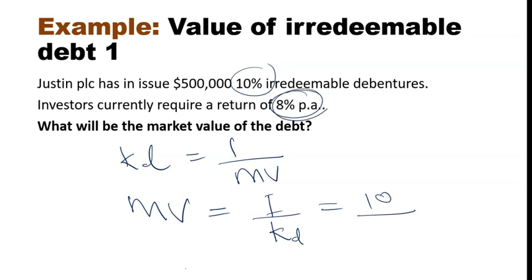This is the KD of 8%, that is 0.08. And you can see that the debt is worth $125. That's the market value of the debt.